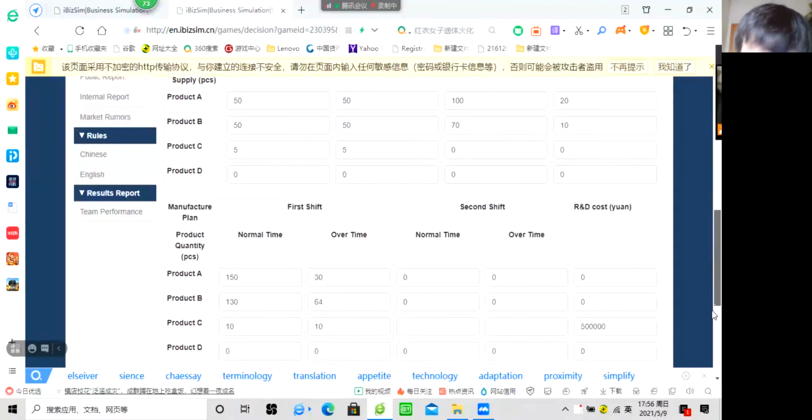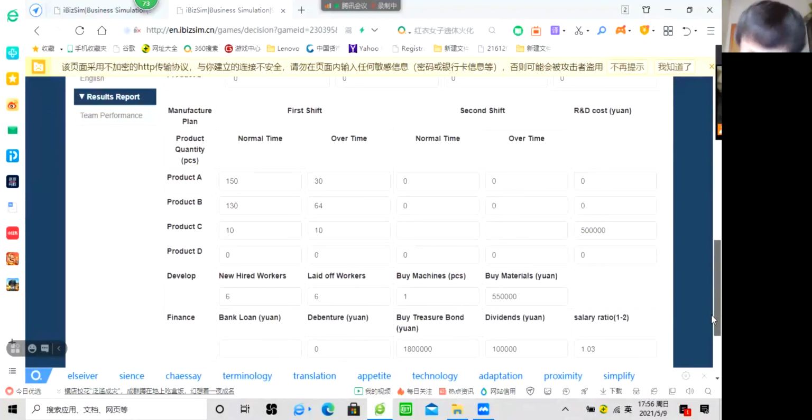So that means we need to concentrate our mind to produce products A, B, C, rather than do other business. Okay, so usually in my suggestion, this money, if you want to do something, because this means investment.